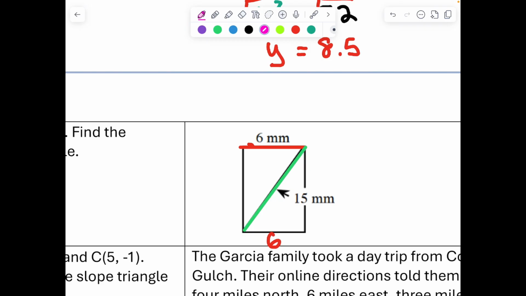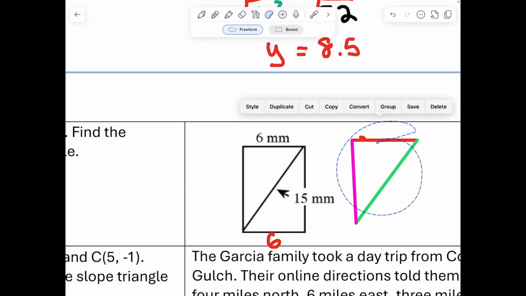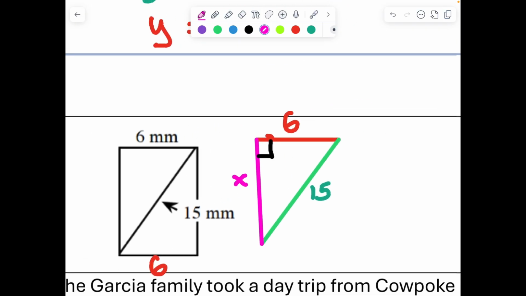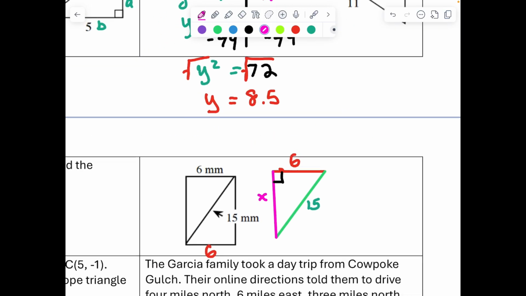And we need to know the pink side. So what I can do is I can look at this as a triangle that has a right angle, where I know that this side is 6, the hypotenuse is 15, and I am looking for this side on the left here. And we have a Pythagorean theorem problem.